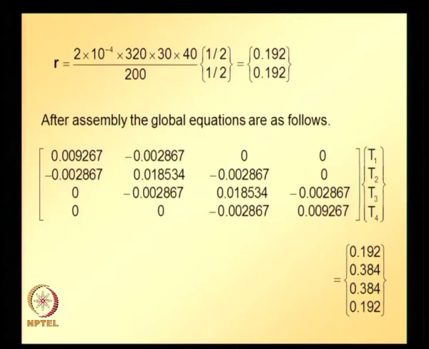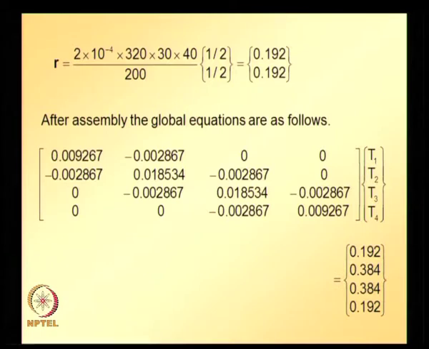So now assembling the global equations, we get this. There are 3 elements and each element has 2 nodes. Element 1 contribution goes into 1 and 2 rows and columns, element 2 contribution goes into 2 and 3 rows and columns, element 3 contribution goes into 3 and 4 rows and columns.